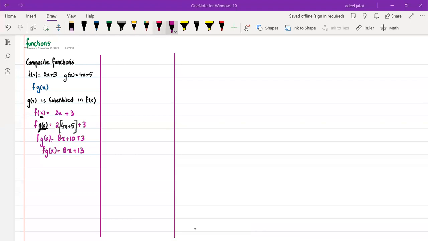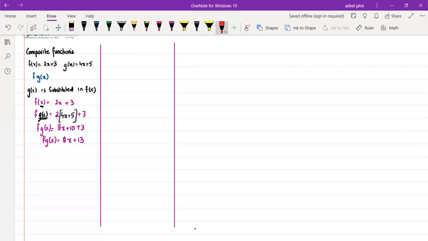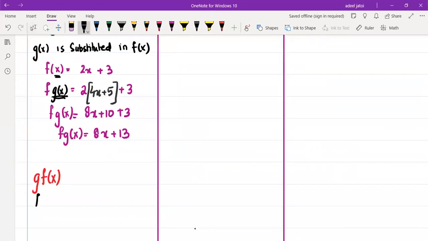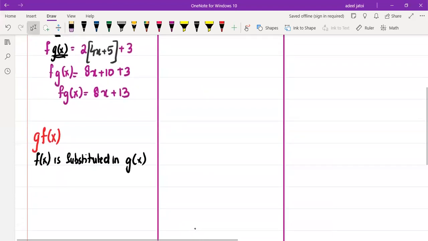Okay. So now let's work on g(f(x)). If the question had said g(f(x)), what does this mean? This means that f(x) is substituted in g(x). So g(x) was 4x plus 5.